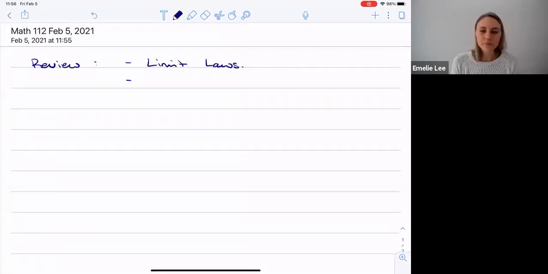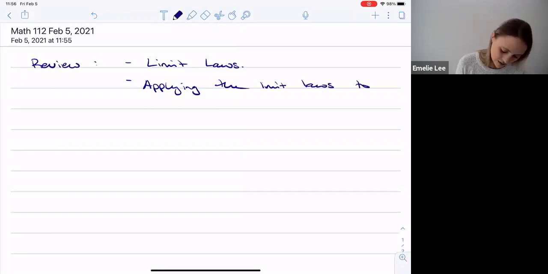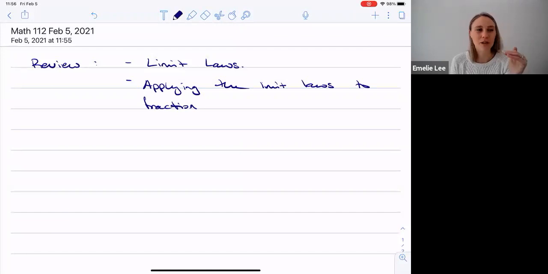And sometimes, if we're applying the limit laws to fractions, or rational expressions, a rational expression is just a polynomial over a polynomial, right?